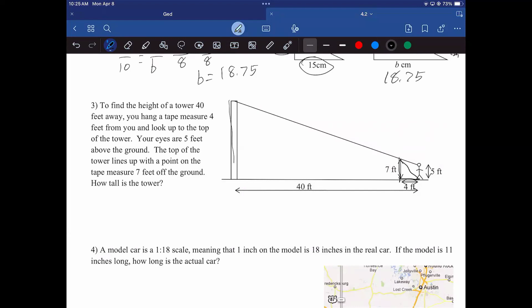So he's saying 7 is to 4 would be the same as some number to 40. So that would be 4 times 7, or sorry, don't do math in our heads, people, even though the answer is 70. 4 times x gives me 4x.